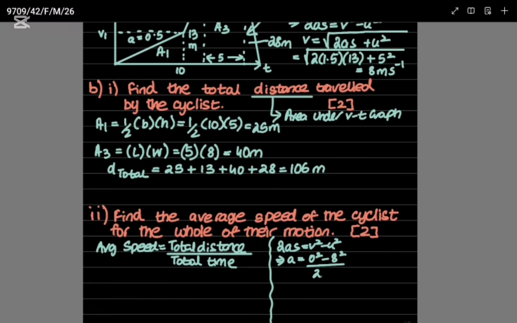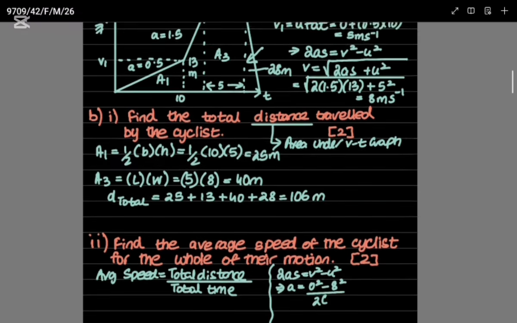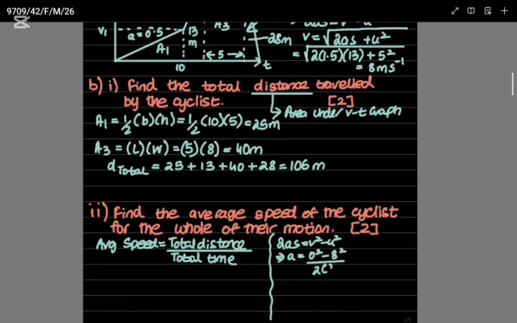I hope you understand this, so that's why I'm going quickly through it. The distance was 28 meters. I'm doing this for the last part. So what you get is minus 8 over 7 meters per second squared.